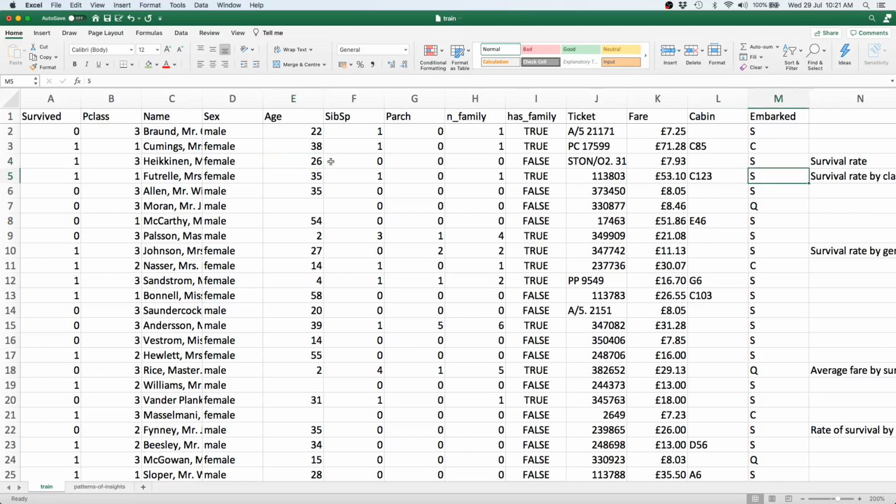Whichever way we try to divide our passengers, if in that particular cohort or classification of passengers there are more females, then it is likely that the survival rate of that particular group of passengers is going to be high. So essentially, if we were to divide them by class and we see that a particular class has more females, then the overall survival rate of that class gets pushed up.